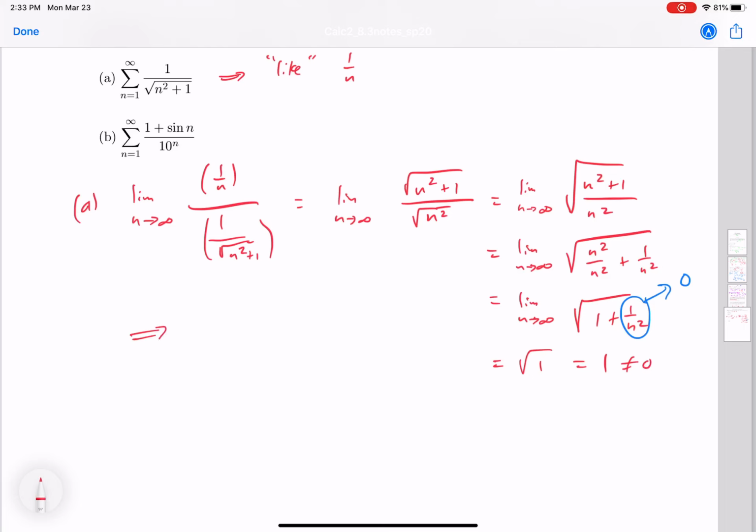So that implies that both series do the same thing. And the series 1 over n diverges. So that implies that the series 1 over the square root of n squared plus 1 diverges also.